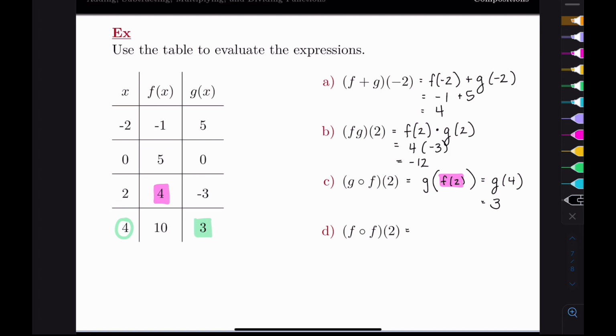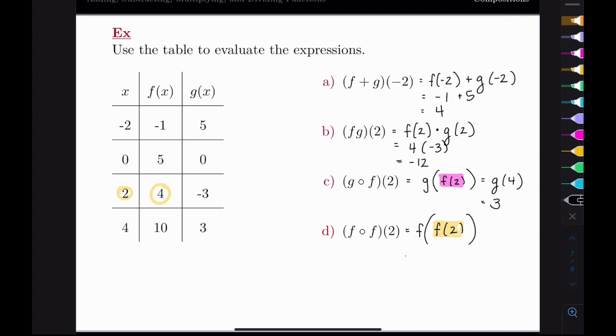So for compositions, we've got to take it piece by piece. Same thing for this example, even though we have the same expression, this is saying find f of f of 2. So let's erase all of our markings we have on our chart. I've got to start with the inside first. So I need to use the chart to find f of 2. When I plug in 2, f is 4.